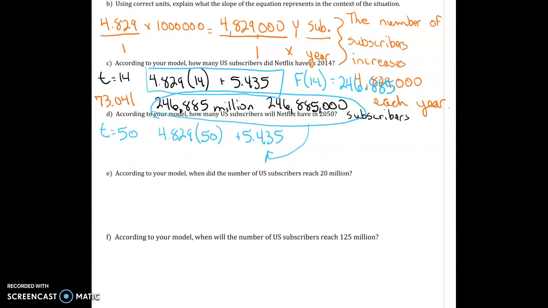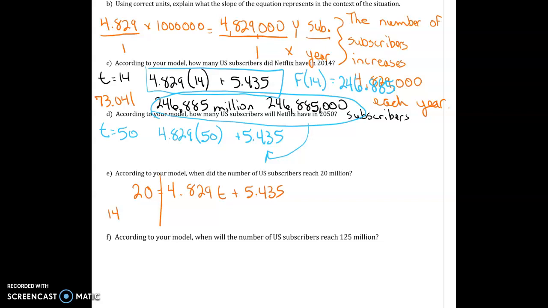All right. According to the model, when did the number of US subscribers reach 20 million? So now I'm going to look for T, and I'm going to put the 20 onto the other side where Y would go. And now my goal is to solve for x. So first I'm going to subtract that 5.435.